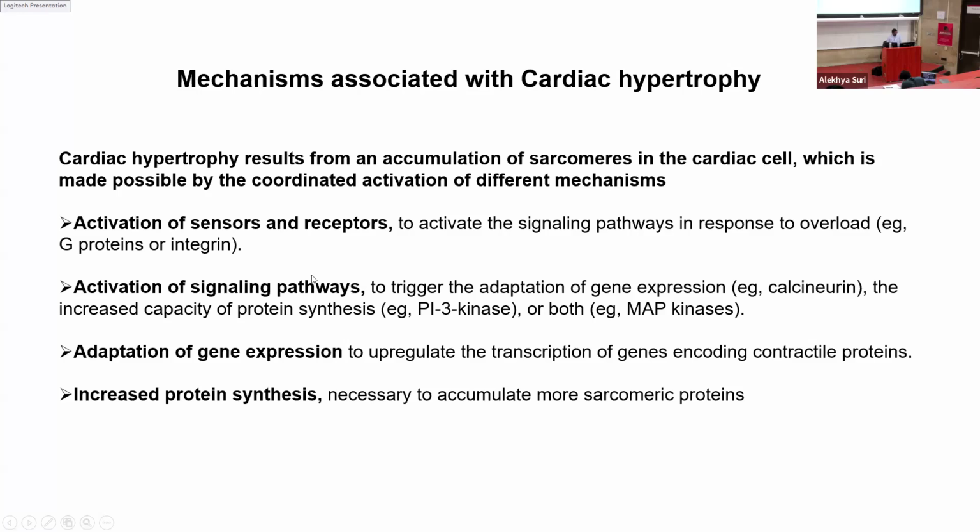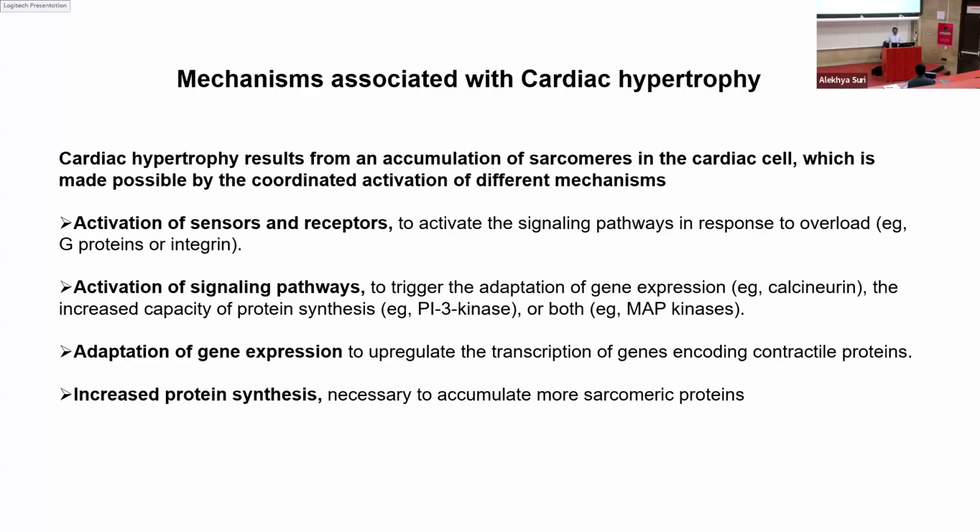The activation of signaling pathways results in the activation of gene expression, and many of the genes will be the contractile protein genes like myosin heavy chain, myosin light chain, and actin proteins. That will result in increased protein synthesis, so it will accumulate more sarcomeric protein. So this entire mechanism is adaptive during the early stage of the hypertrophic process.